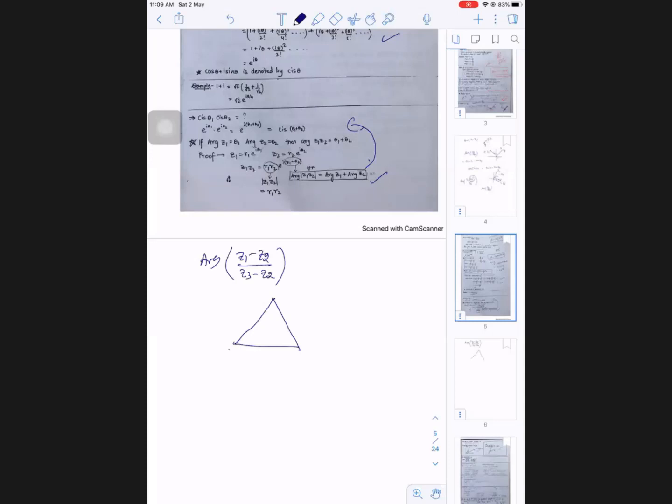If you take like this, this is z2, this is z1, this is z3, then z3 minus z2 always represents denominator to numerator, z3 minus z2 to z1 minus z2. If you take this as theta, then this result is also theta. This formula only we are calling Coni's formula also. Argument of (z1 minus z2) by (z3 minus z2) means denominator to numerator. So this angle will come.